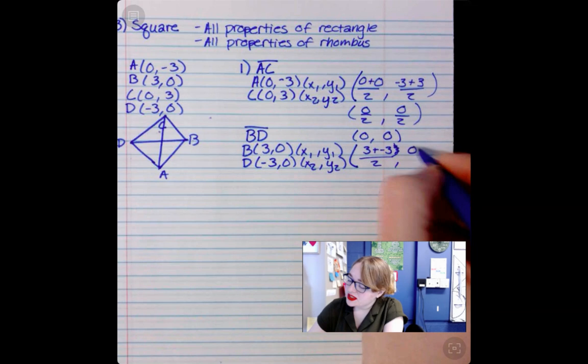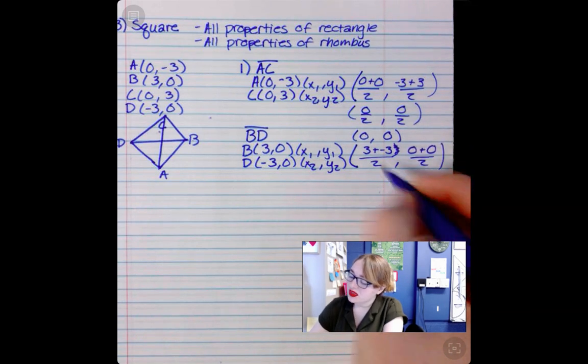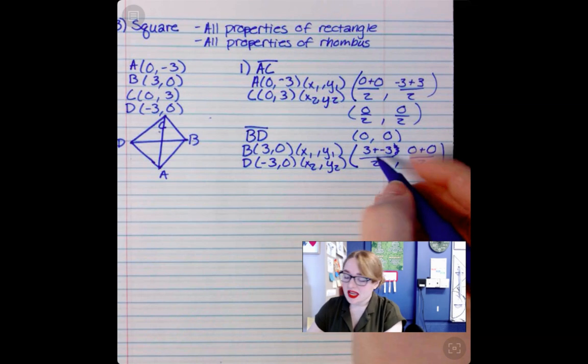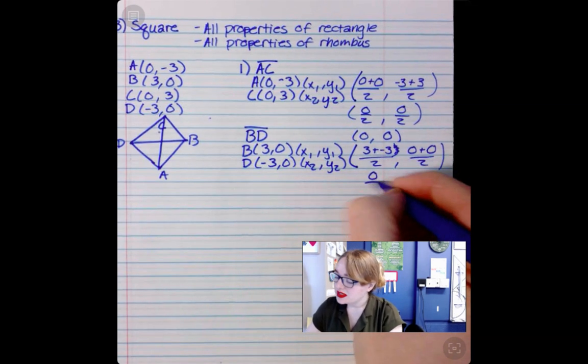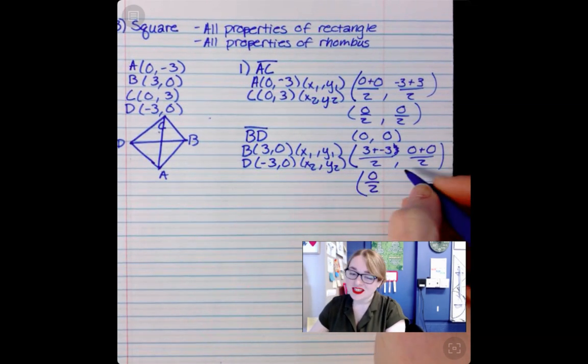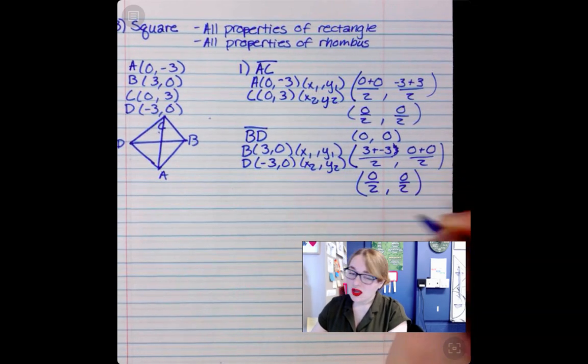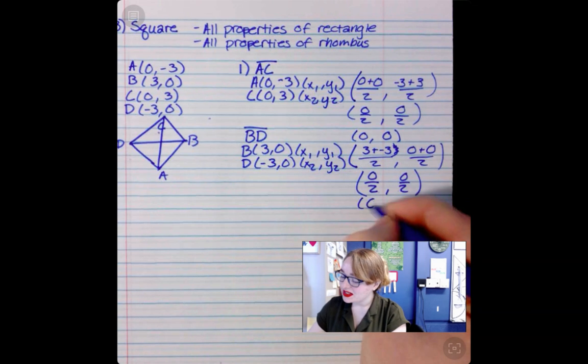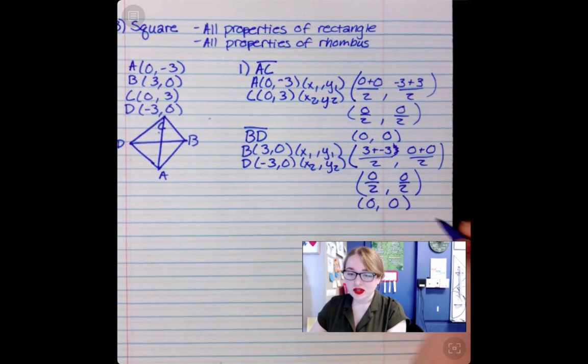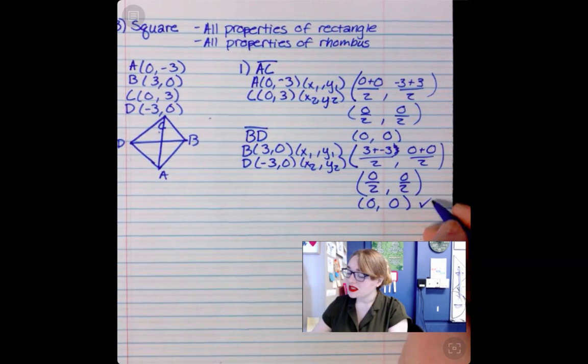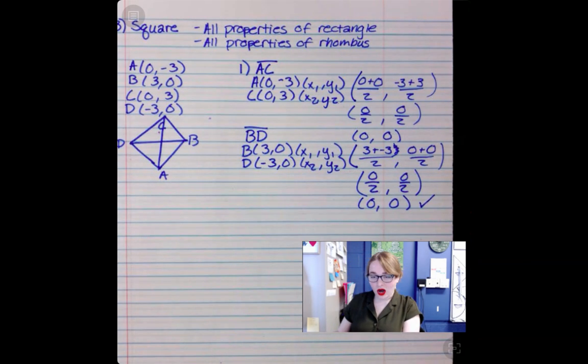And then y1, which is 0, plus y2, which is 0, divided by 2. +3 plus a -3 is going to give us 0 divided by 2. And then 0 plus 0, again, gives us 0 divided by 2. When we simplify this, we have (0, 0). Since our midpoints match, then we know that this is a parallelogram, so we can continue on.